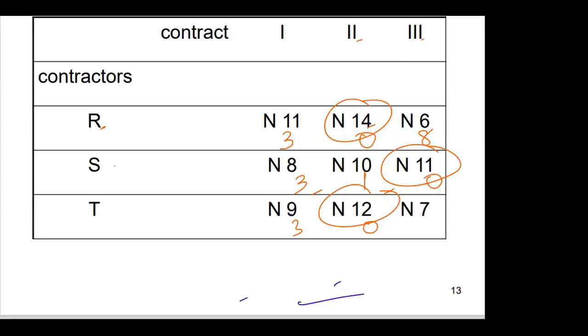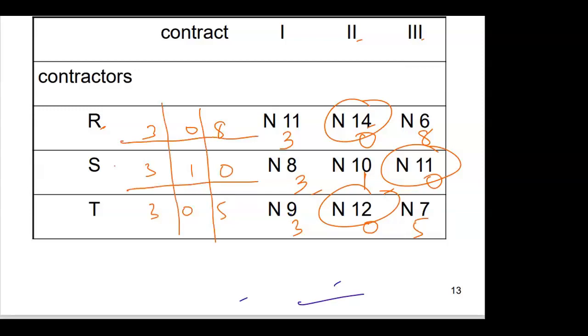What would this give us? This will give us 5. That means you have 3, 0, 8, 3, 1, 0. That is our row reduction.